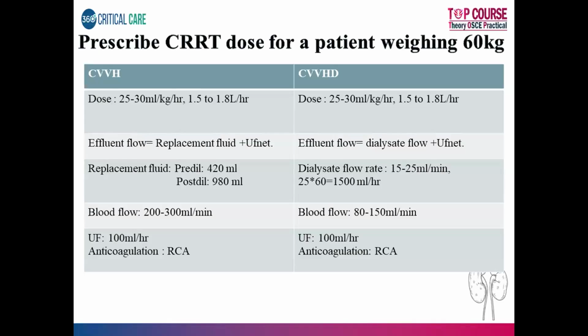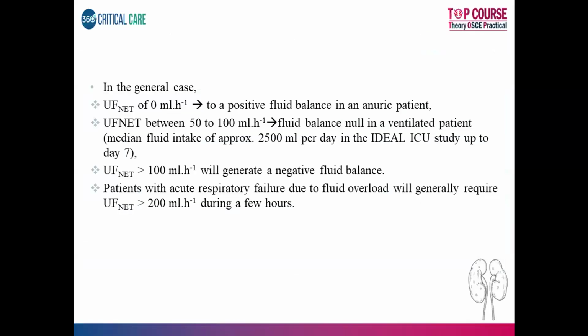Can anyone tell me, in hemofiltration, what is the effluent dose which we use? Anyone please? 25? Yeah, effluent flow rate will be 20 to 25 ml per kg per hour.